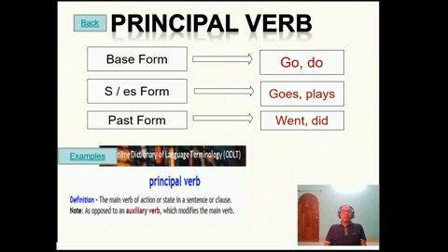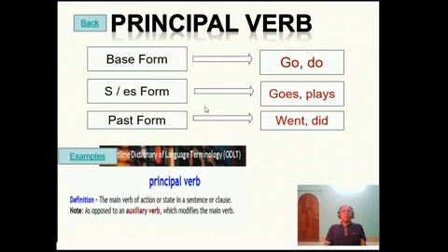Dear students, principal verbs can make a grammatically correct sentence, as this is one of the types of finite verb, and these verbs also show tense and number and person of subjects.